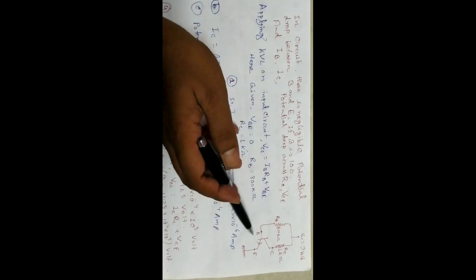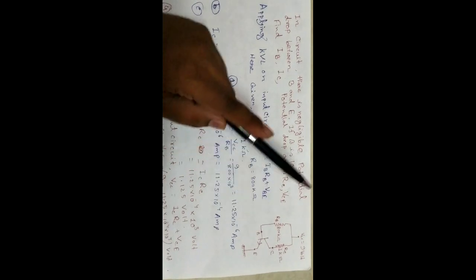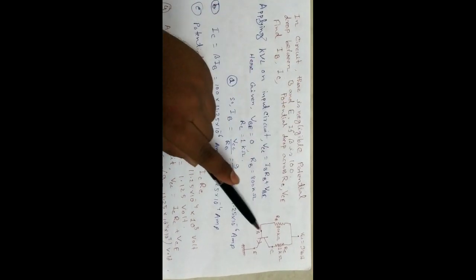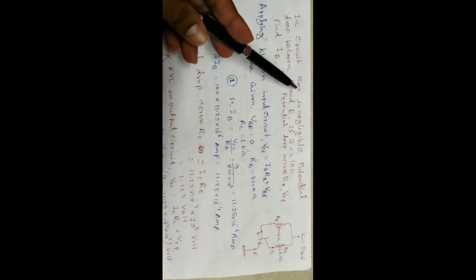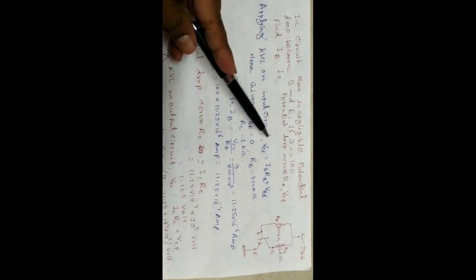In the previous class we discussed that for a normal silicon transistor the base to emitter voltage is 0.7, and for a germanium transistor it is 0.3, but here they told that the potential drop between base and emitter is negligible.